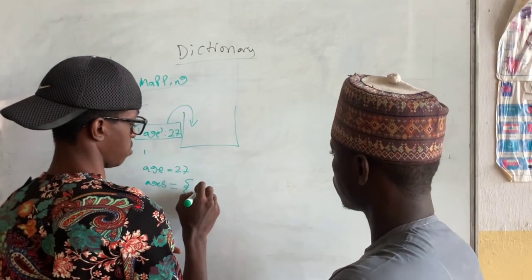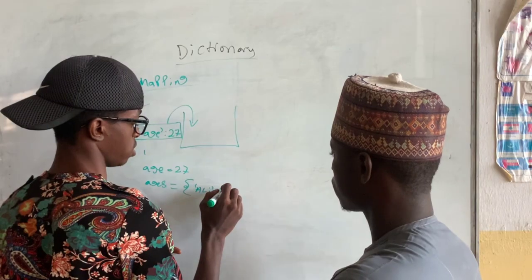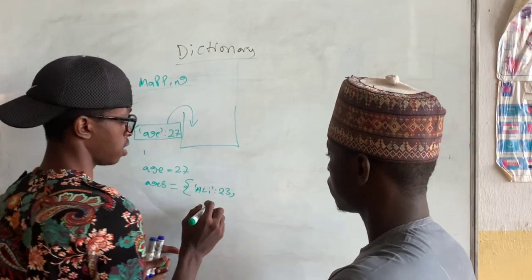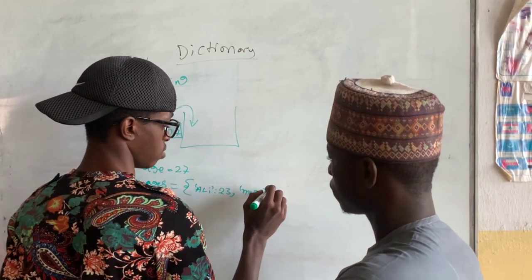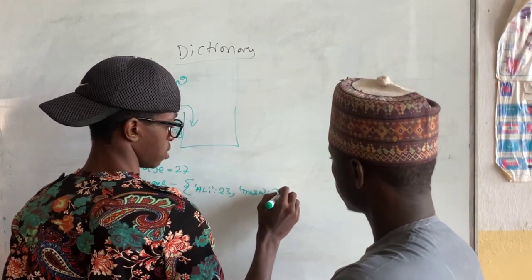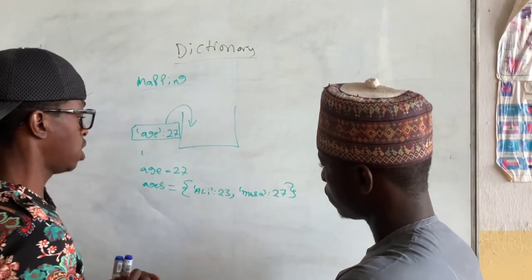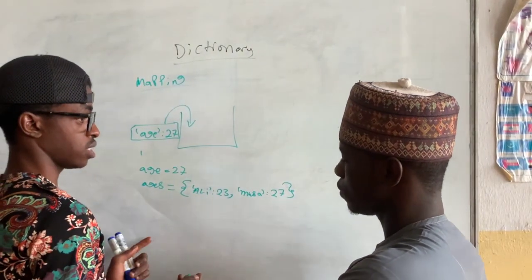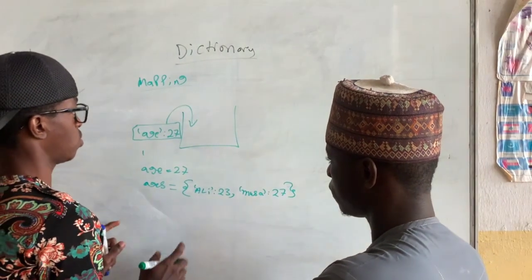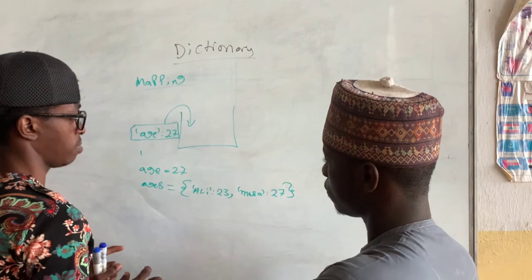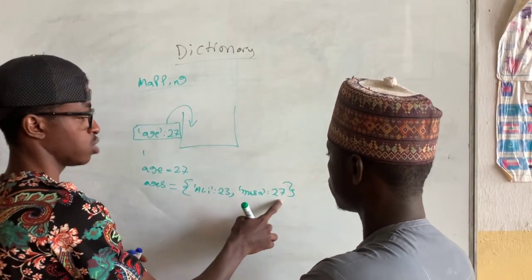Number one, you can say maybe Ali, as a string, colon, then 23, comma, then Musa, string, colon, 27. One thing you have to know about a dictionary is that it is also unordered. It's not ordered. You understand? Yes. It's completely unordered. That is why we call it mapping. So now I map Ali to 23 and I map Musa to 27.